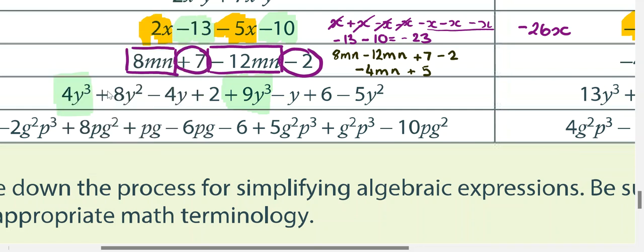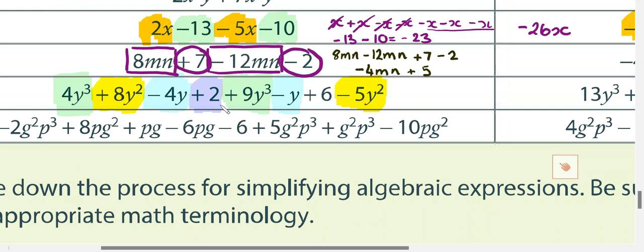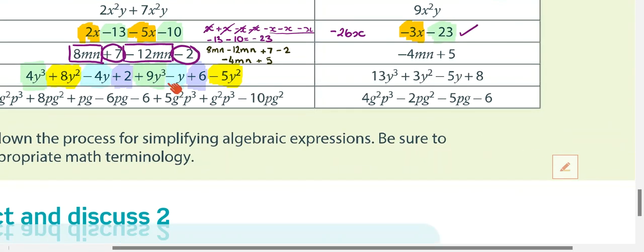I'm going to go for my next highlighter. I've got a y squared and I've got another y squared. I've then got a y to the power of 1 and another y to the power of 1. And then finally, I've got my constants. So once I've identified them, we can have a look across and go, does 4y cubed plus 9y cubed make 13y cubed?